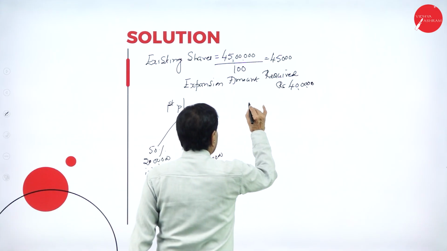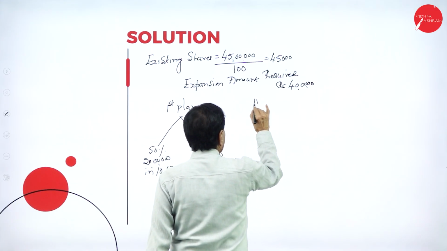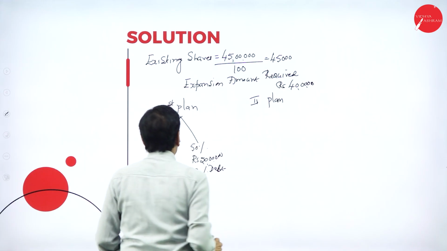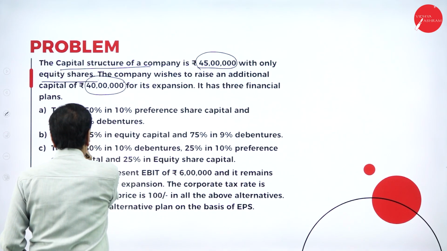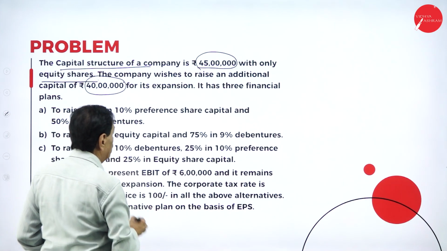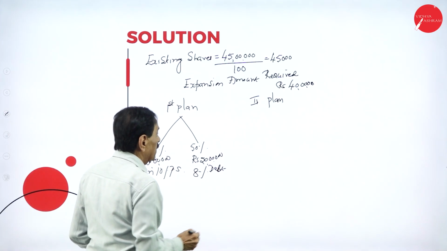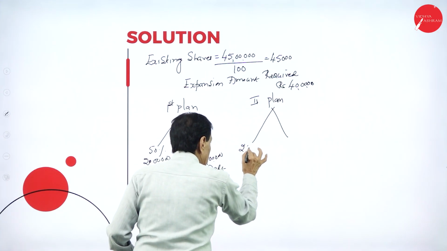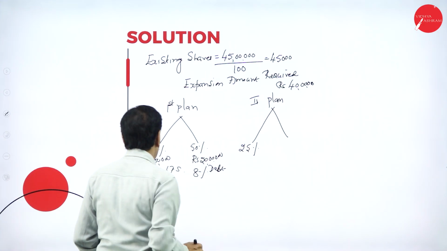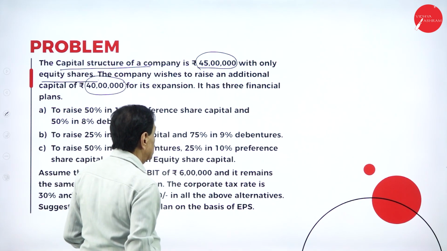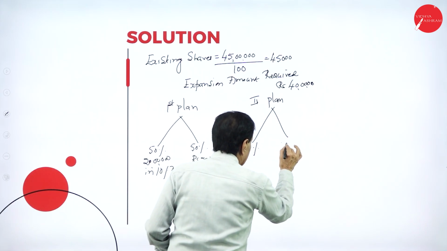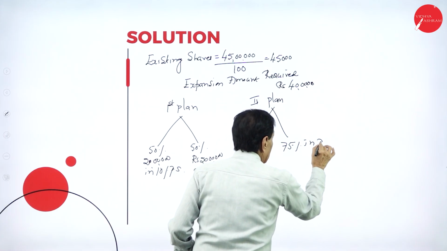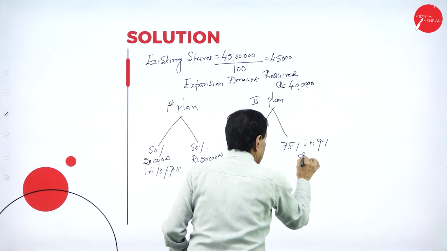Now, second plan. To raise 25% in equity capital and 75% in 9% debt.